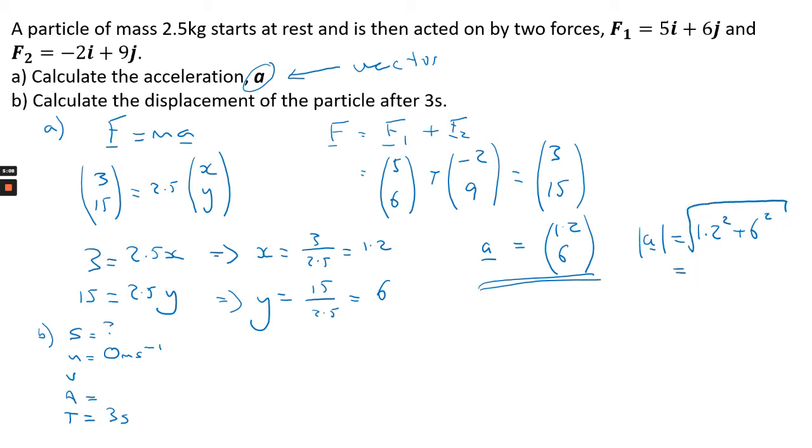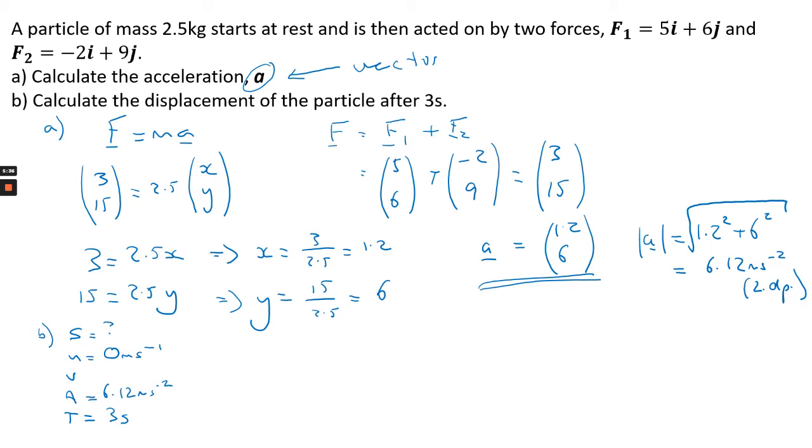Okay, now that is 6.12 meters per second squared, and that is to 2 decimal places. Okay, 6.12 meters per second squared.